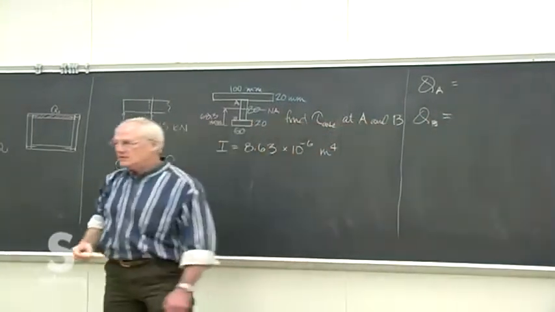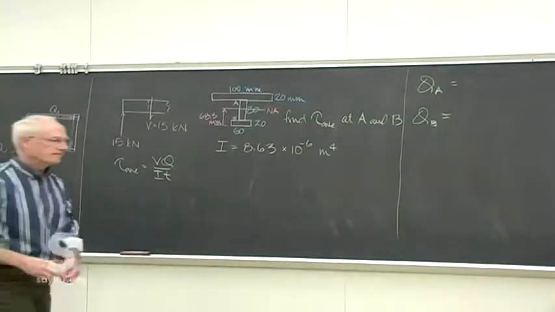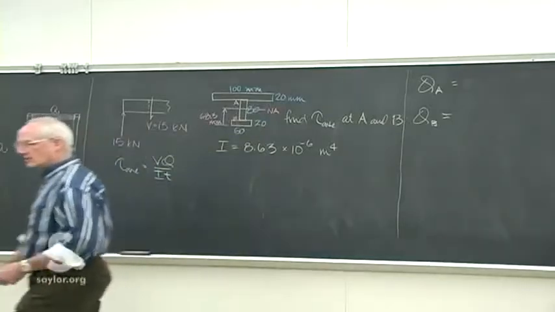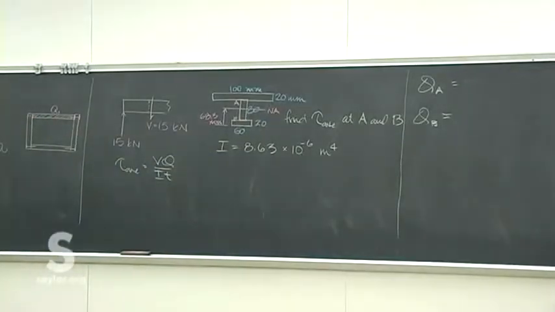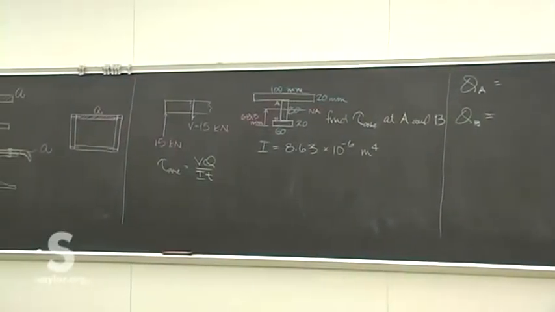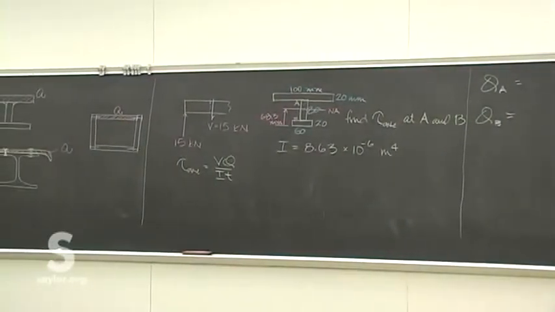Those are the two parts you need. The other parts, I and V and T, are the same for either calculation. Just to make sure, if nothing else, you can find what Q is for this beam.